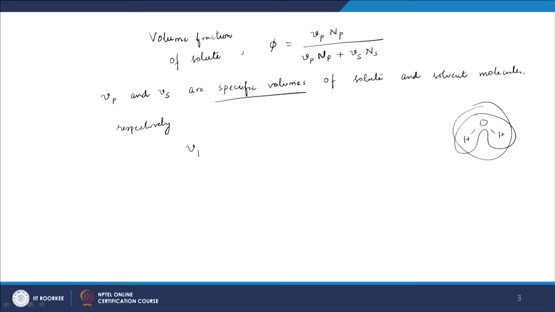We will come back to this later, but the basic idea is that we define Vp as ∂V/∂Np, the change in volume if I keep the temperature, pressure and number of solvent molecules fixed and add a molecule of solute.